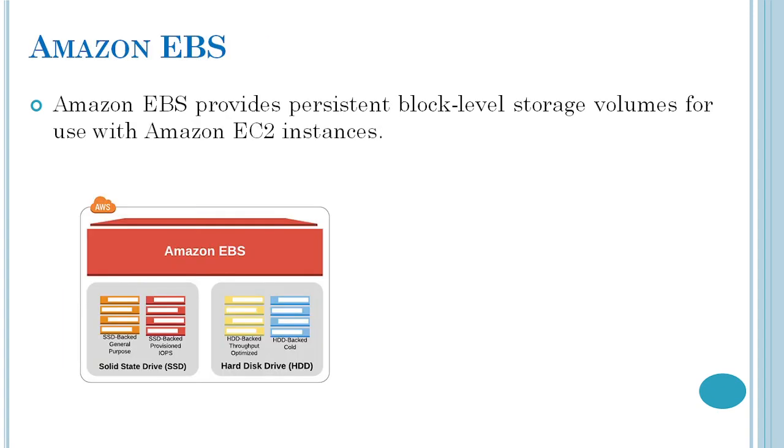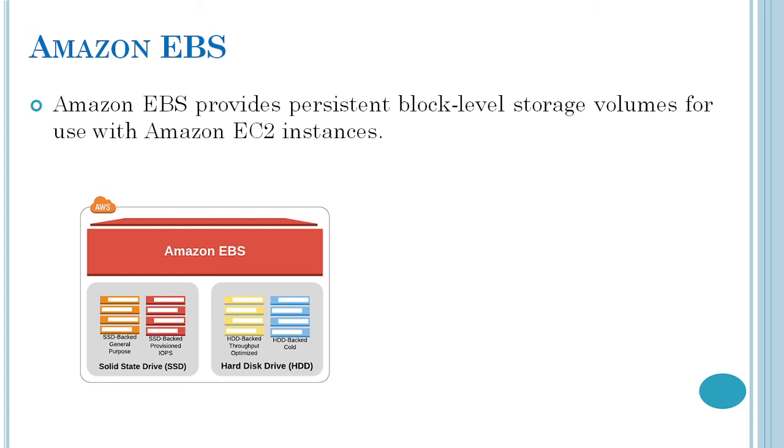Another type of storage available is Amazon EBS. Amazon EBS provides persistent block level storage volumes for use with Amazon EC2 instances. Each Amazon EBS volume is automatically replicated within its availability zone to protect you from component failure, offering high availability and durability.